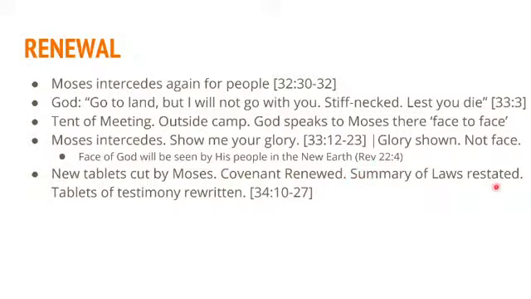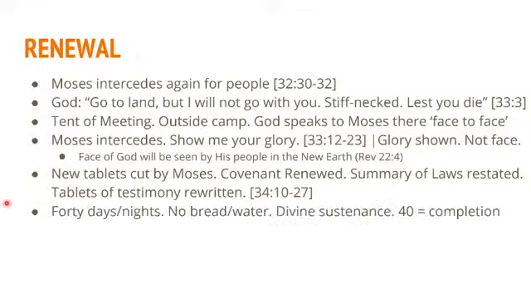A summary of the laws is restated, to redo the fact that they had broken the covenant. And the tablets of testimony, the 10 Commandments, are rewritten on the new tablets that Moses would cut. So basically, this was a renewal to deal with the fact that they had broken covenant by the golden calf incident.